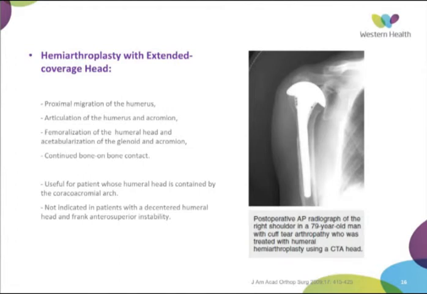This happens as well if you use a normal humeral prosthesis. What it means is that this big head causes an articulation between the metal part and the acromion and the glenoid, and prevents rubbing of bone on bone and doesn't cause any pain.